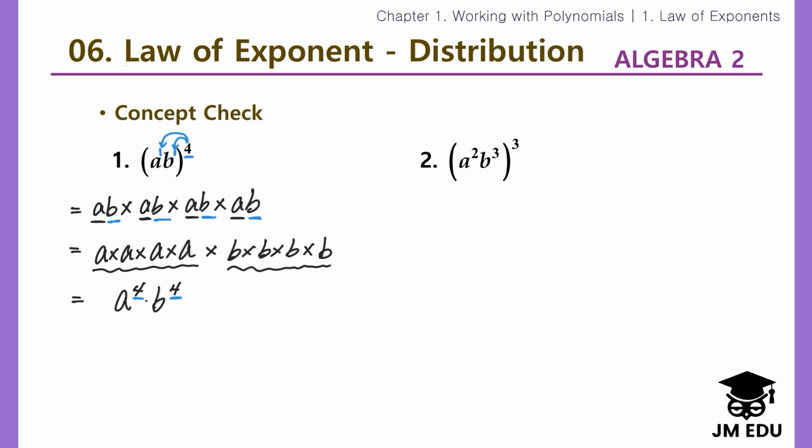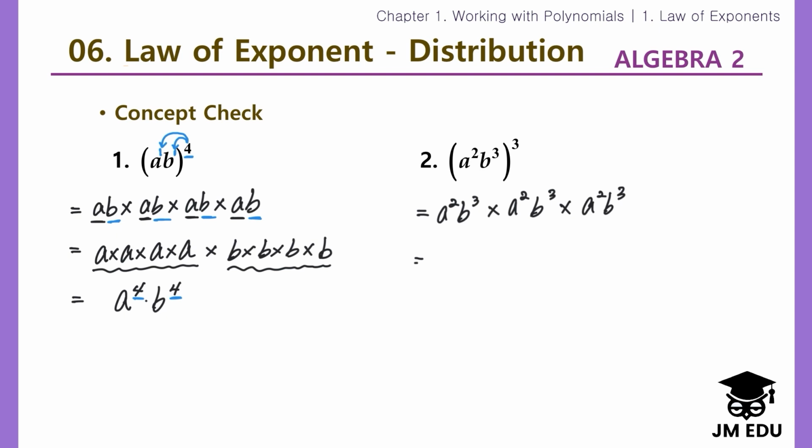Let's look at number 2. This time we have (A squared B cubed) to the power of 3, right? So that is equal to A squared B cubed times A squared B cubed times A squared B cubed, right? A squared B cubed is multiplied 3 times.